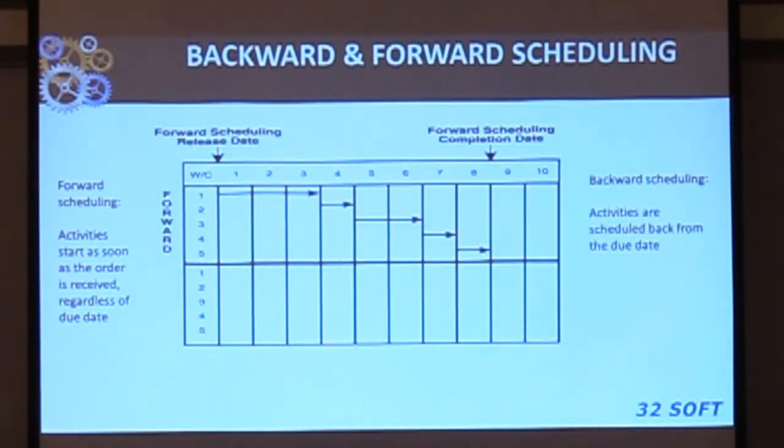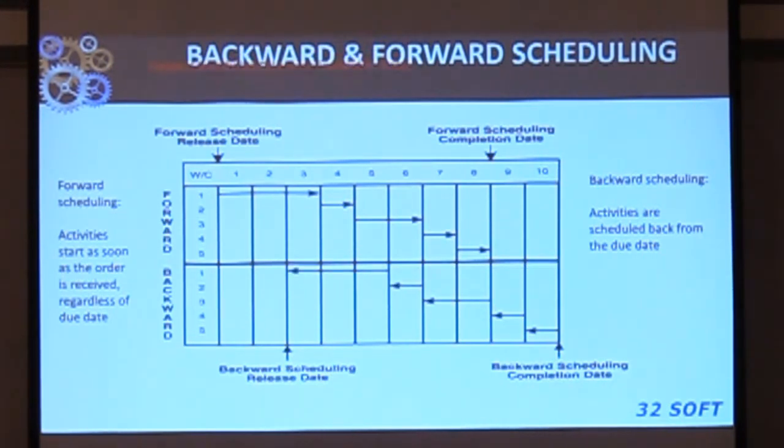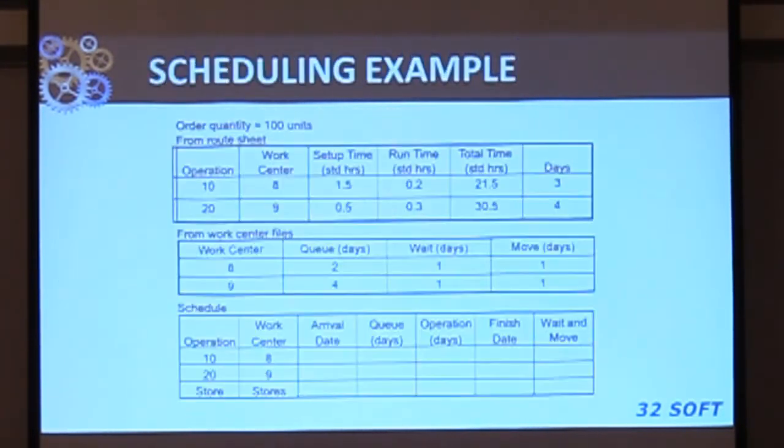Backward scheduling starts at a completion date and schedules backwards to a start date. So forward scheduling calculates completion dates and backward scheduling calculates start dates.